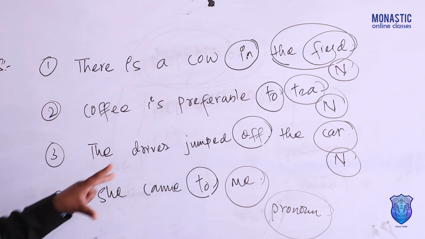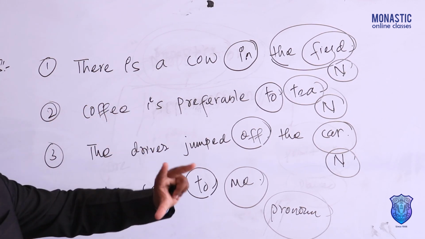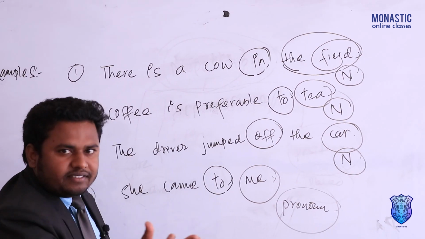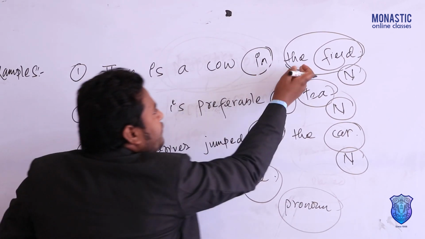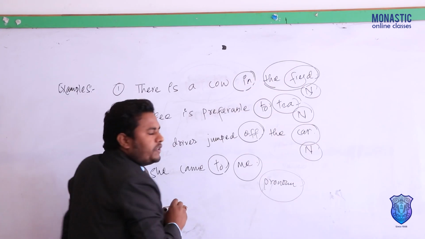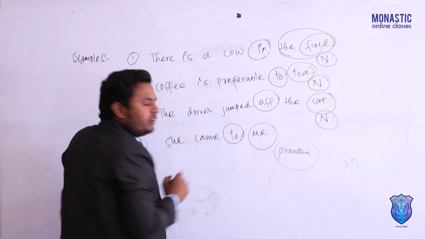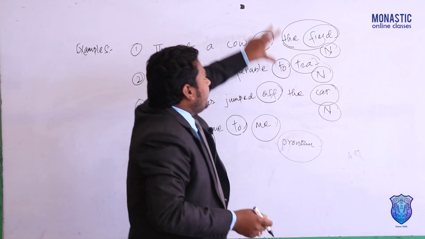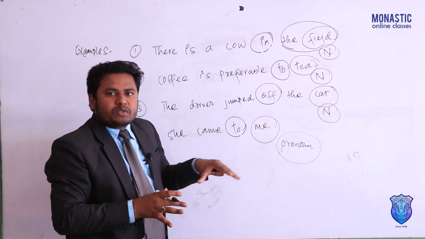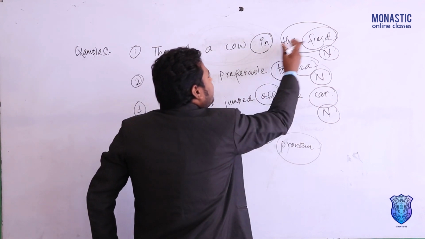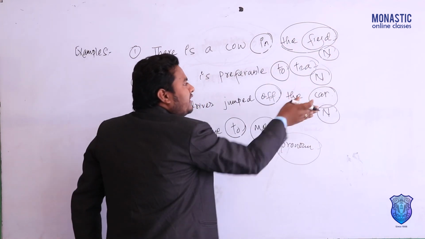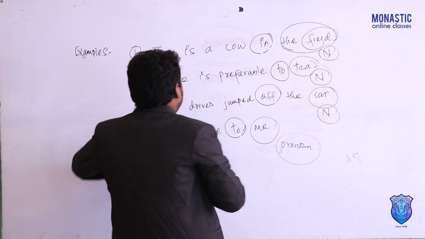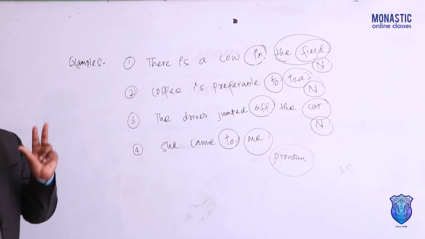So we can understand that a preposition is placed before a noun or a pronoun. Prepositions take an object, and the object should be a noun or pronoun. So now we can make our definition.